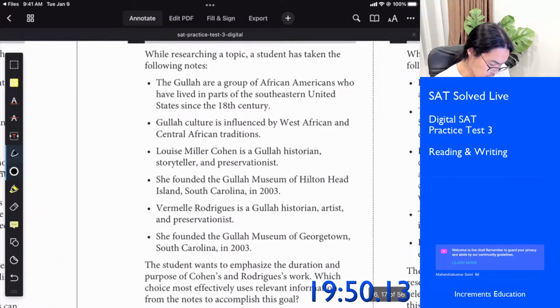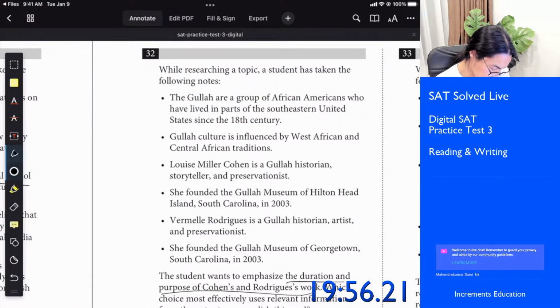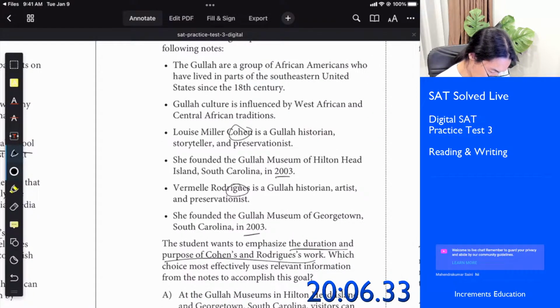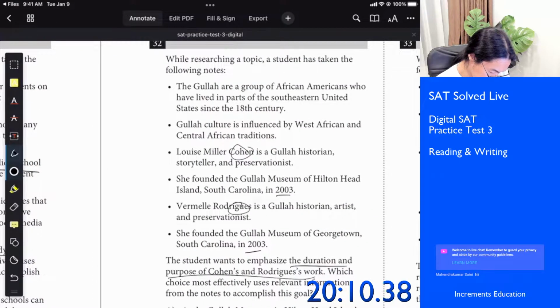Okay. Taking the following notes, the duration and purpose of the work, Cohen and Rodriguez, and the duration of the work. What's the work? And the purpose, by the way.